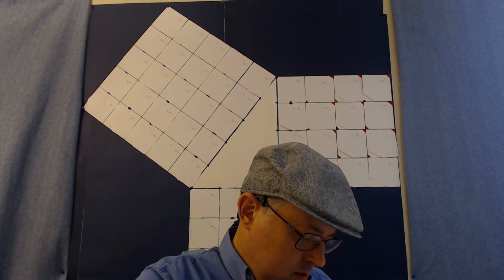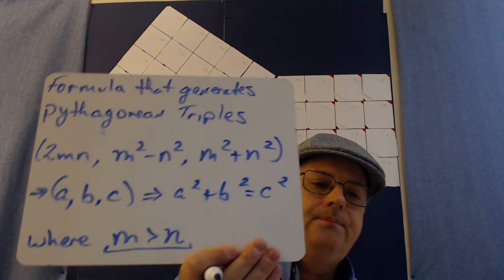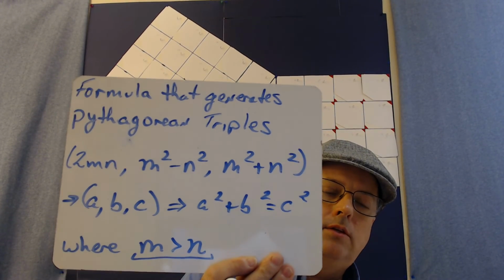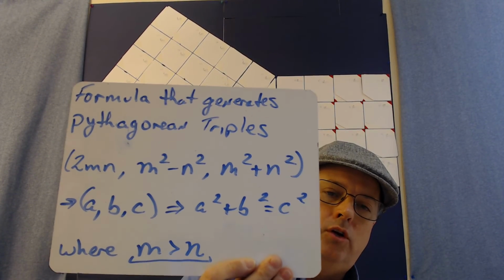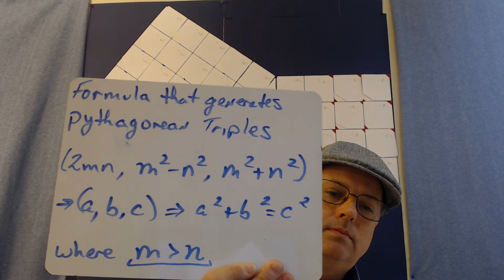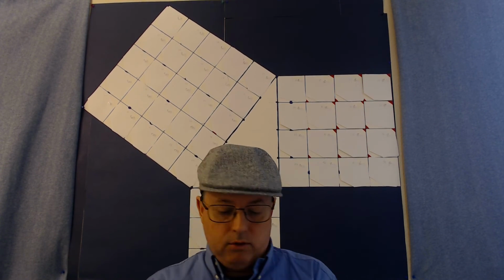Where m must be larger than n. Okay, so that's our second formula that generates Pythagorean triples. We have now two formulas that generate Pythagorean triples.